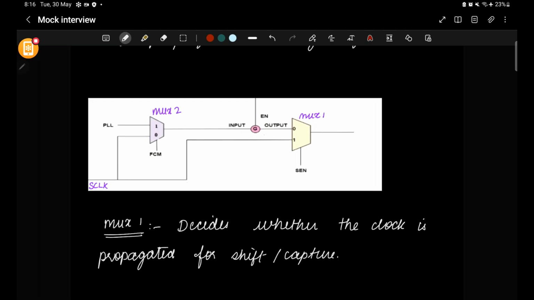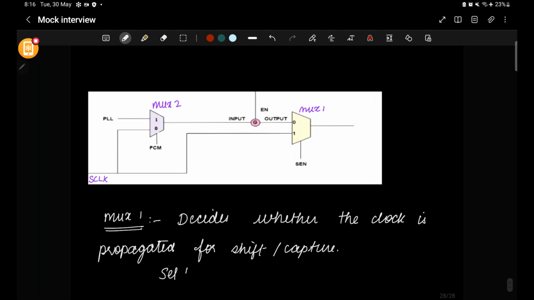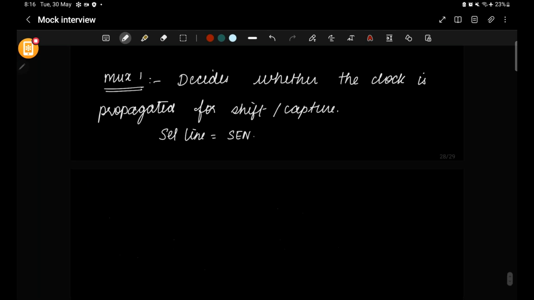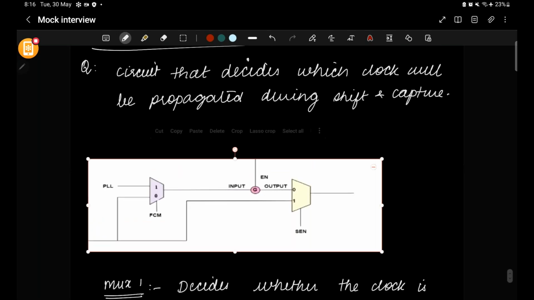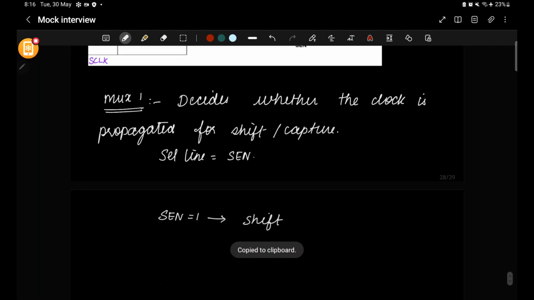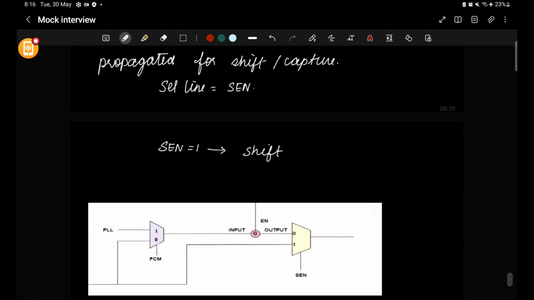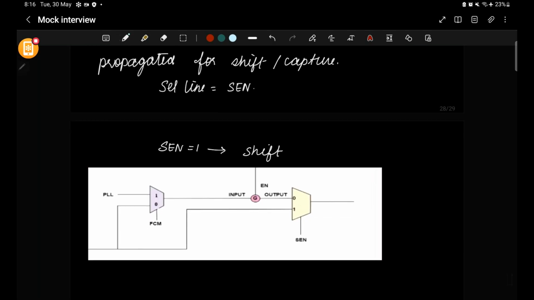So the select line of this mux1 is coming from scan enable. When scan enable is equal to 1, it means it is the shift phase. So during the shift phase, what is happening? Scan enable is equal to 1. This is the scan clock.